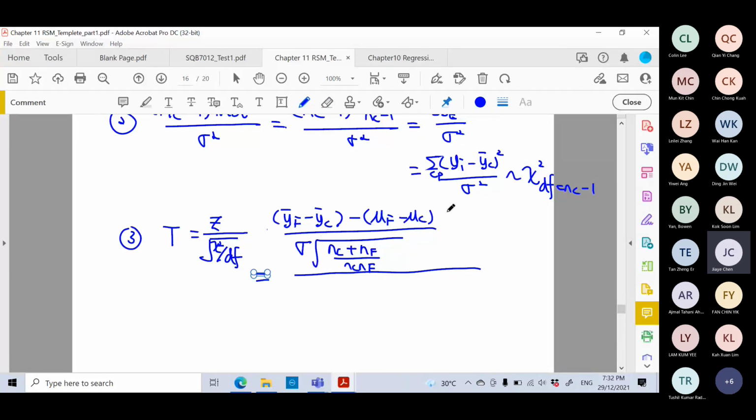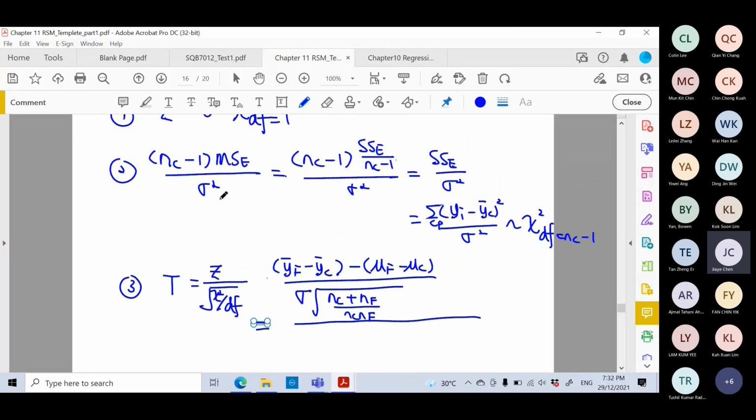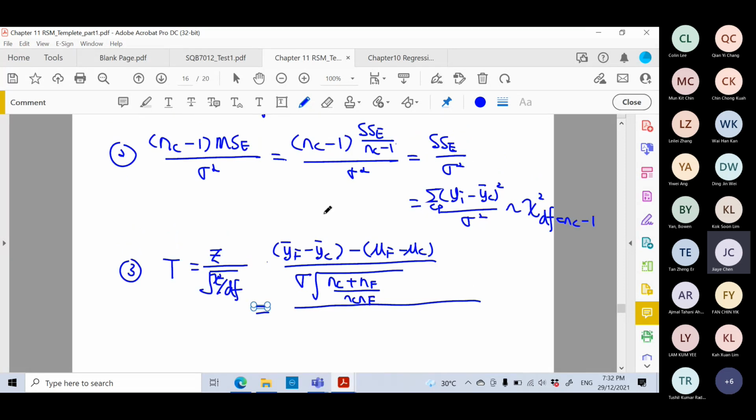this one, which is a chi-square here. You take the square root of this whole thing: the square root of (NC minus 1) MSE divided by sigma square. The sigma square here is a chi-square over its degree of freedom, and the degree of freedom under this thing is equal to NC minus 1.